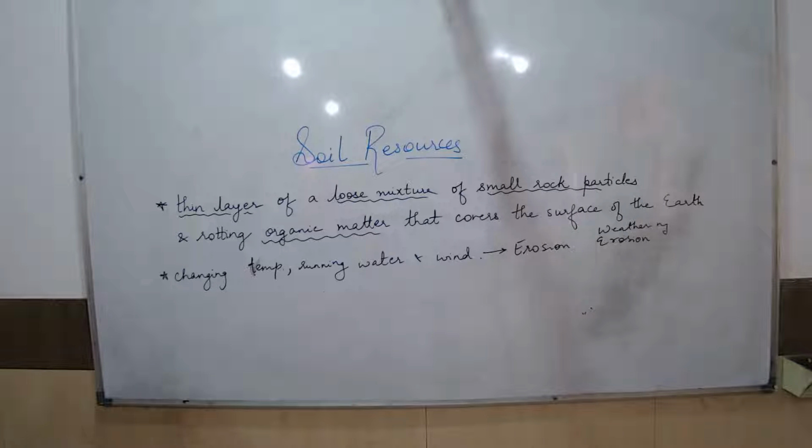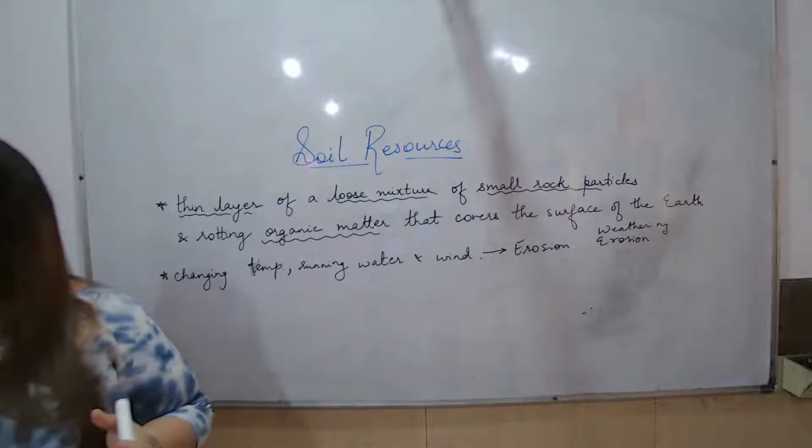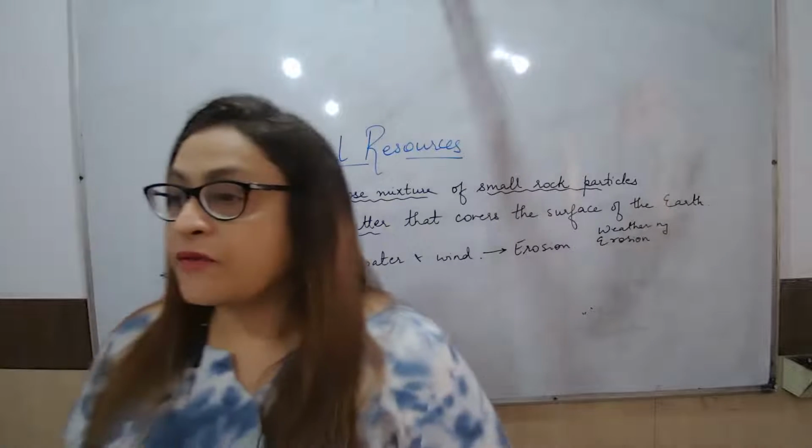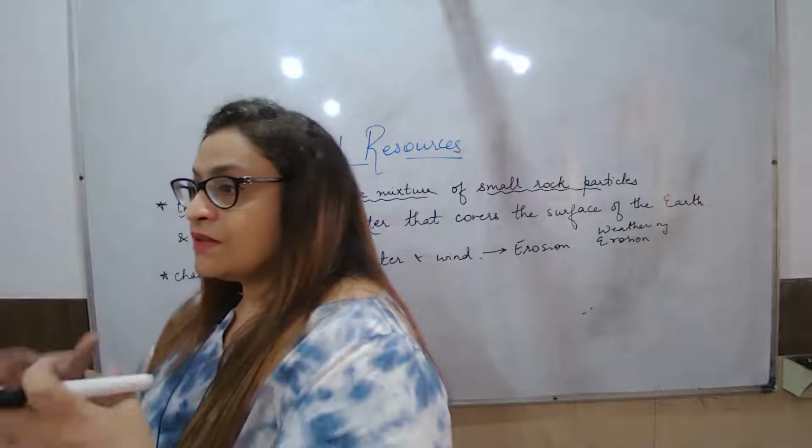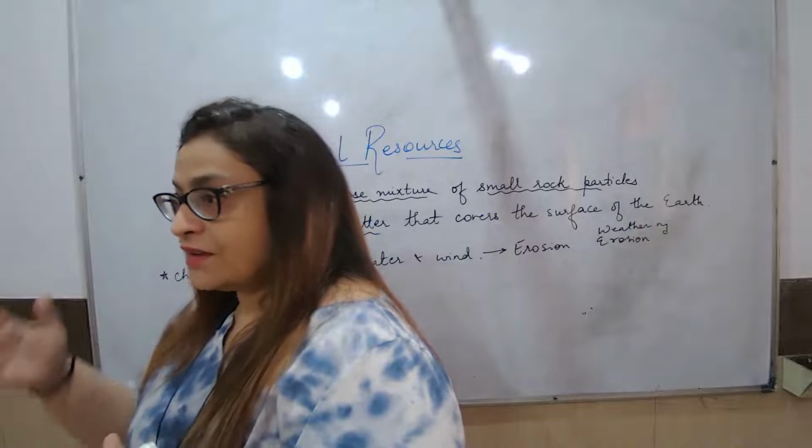You must have done types of weathering: physical, chemical, biological weathering, right? So what was there in physical weathering? Block disintegration, granular disintegration. Weathering by frost action. So what happens in that? There's heating and cooling, right?